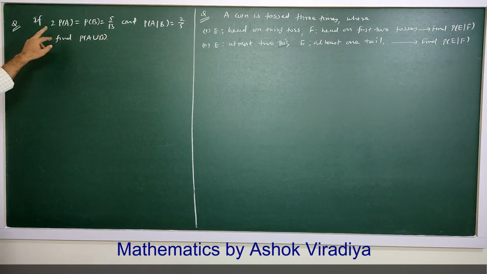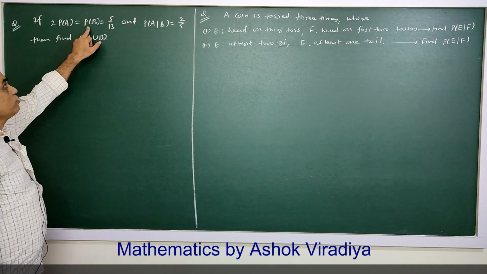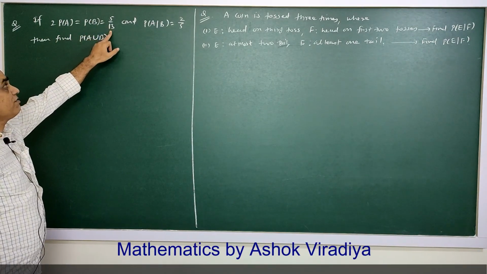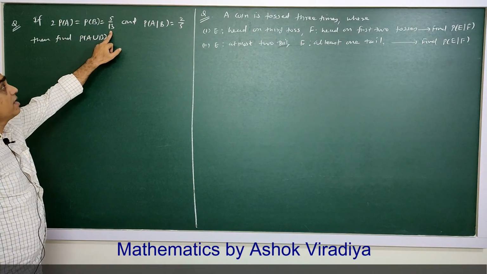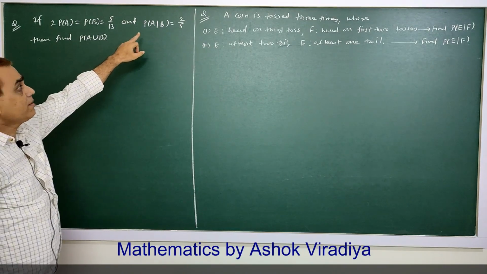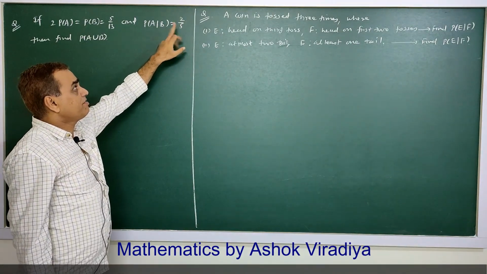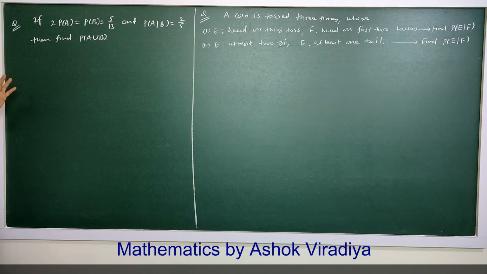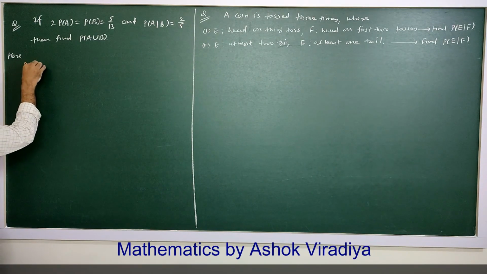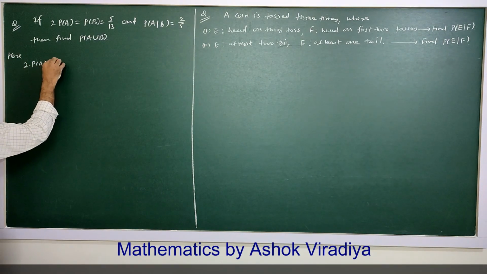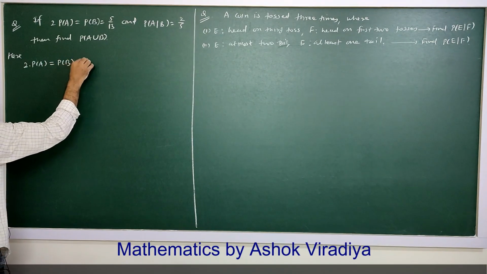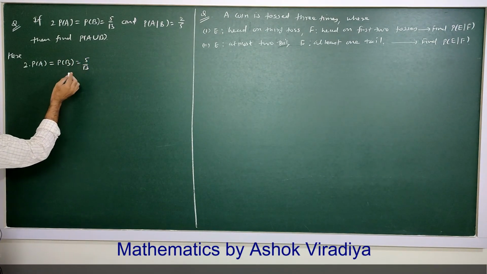If 2 times probability of A is equal to probability of B is equal to 5 by 13, and probability of A by B is 2 by 5, then find P of A union B. Say here, twice P of A is equal to P of B is equal to 5 by 13.